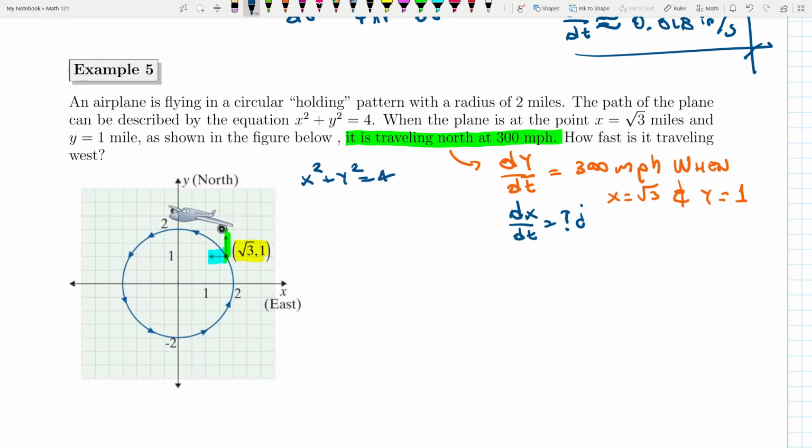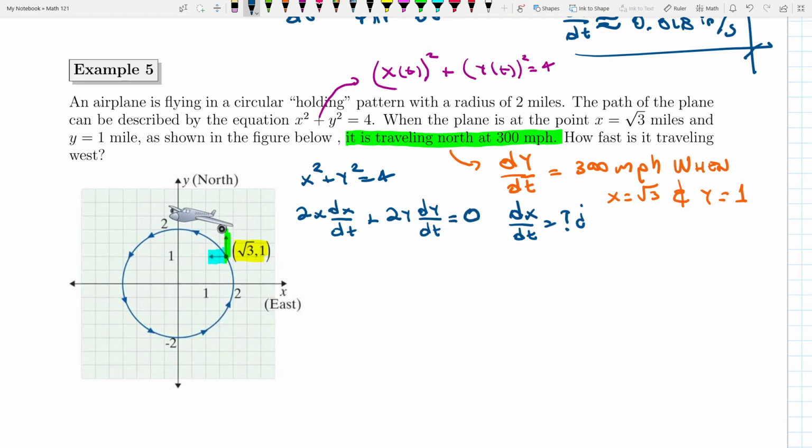Okay, so because this is with respect to time, recall that x changes with respect to time and y also changes with respect to time. All right, so the derivative of x squared plus y squared is 2x dx/dt plus 2y dy/dt, and the derivative of 4 equals 0.